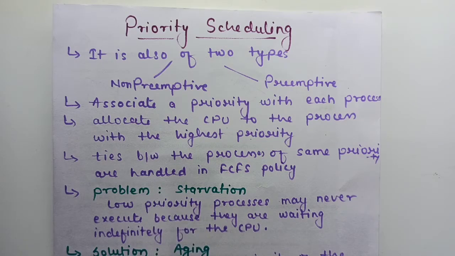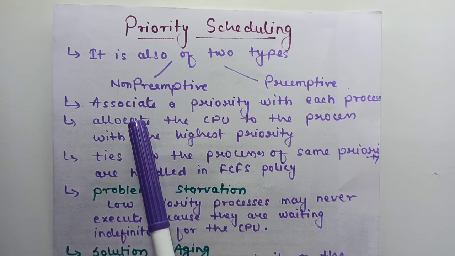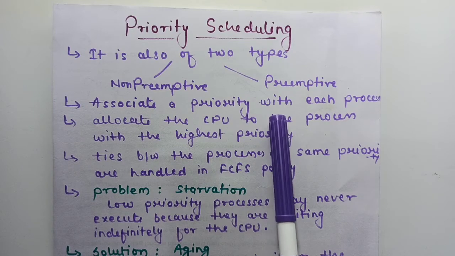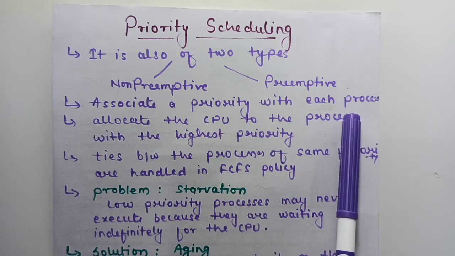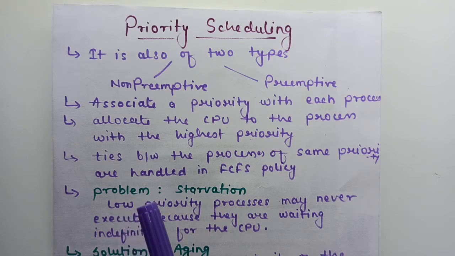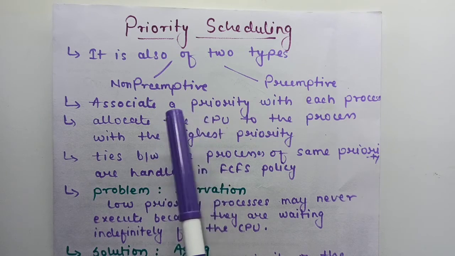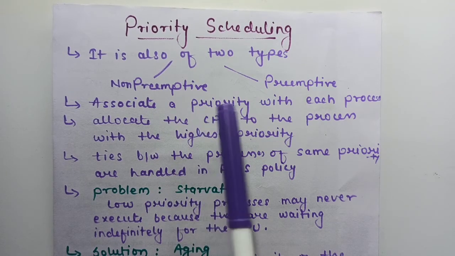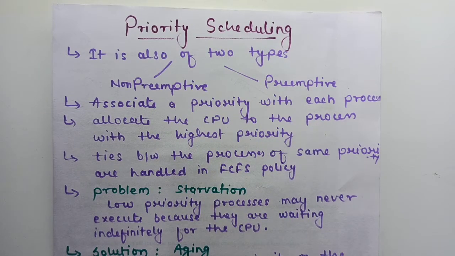But what is different here with these two types is that it associates a priority with each process. So till the last question we had process numbers, arrival time and burst time. Now there will be another column, which is the priority, associated with each of these processes.